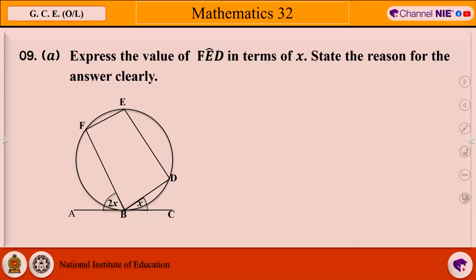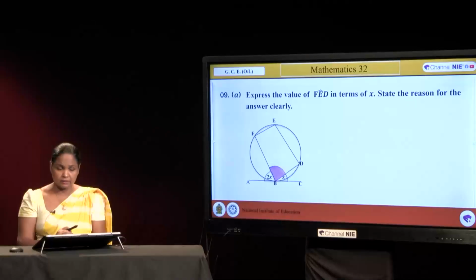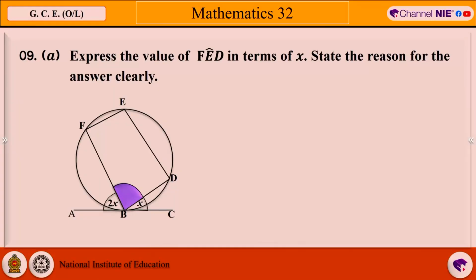Right, here look at the figure very carefully. Now, you can see this colored angle, what is it? Can you express it in terms of x? How do you do that? Because the sum of these 3 angles equals 180 degrees, the sum of the angles on a straight line.